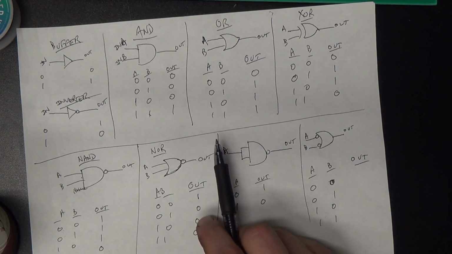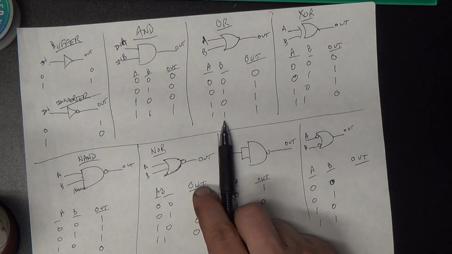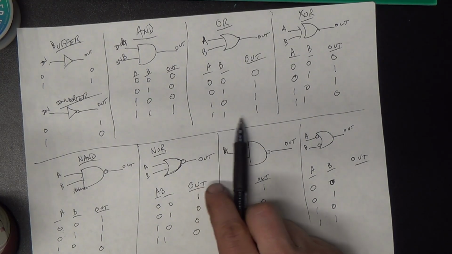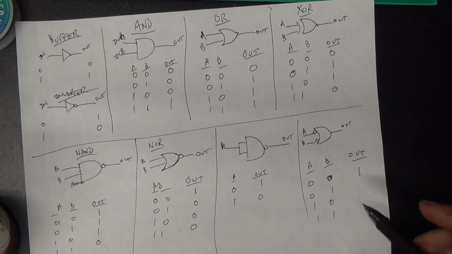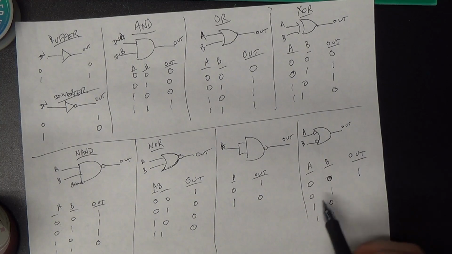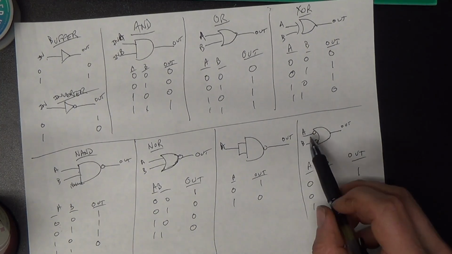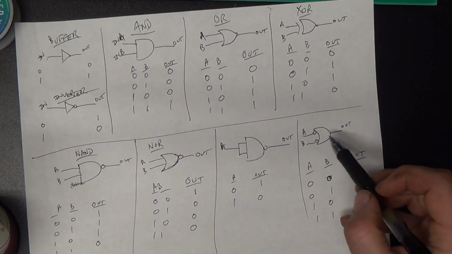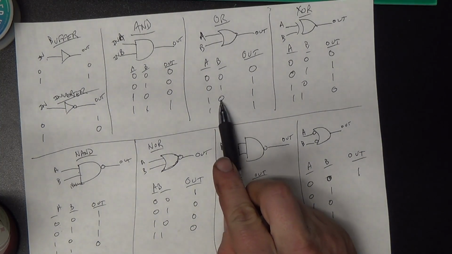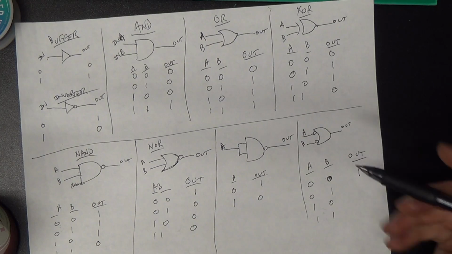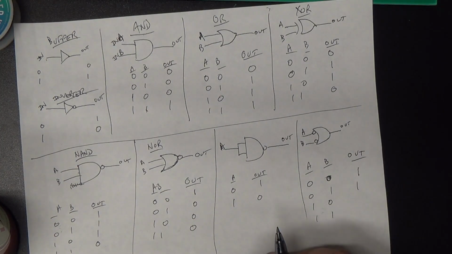And what happens when both inputs to an OR gate are turned on? We get a 1. Likewise, if A is off and B is on, they get inverted by these nuts, so A becomes on and B becomes off, and we get an output of 1.